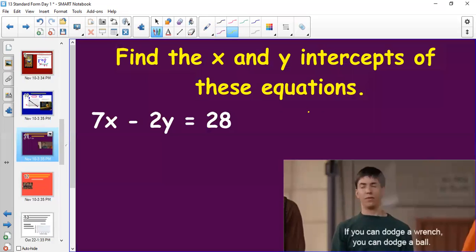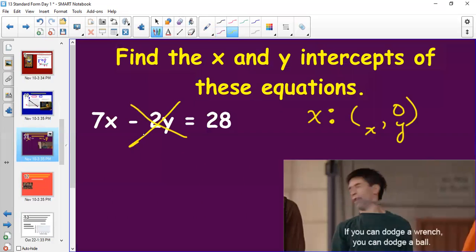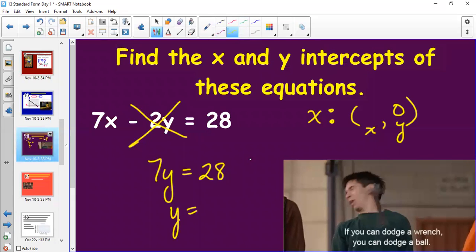So if I'm finding the x-intercept, I want the y to go away, so I know the y is going to be 0. I'm going to cross off the y term. So really, it's going to be 7x equals 28. I already messed up, my bad.